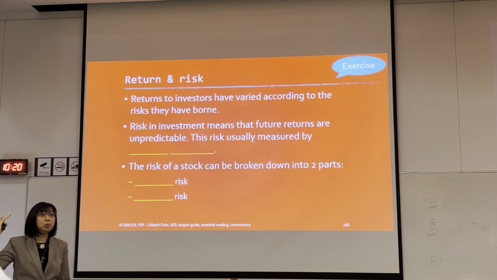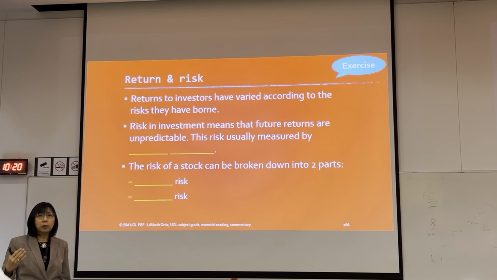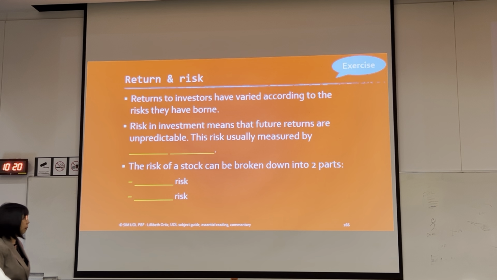Because investors need to be compensated for taking risk. And then the safer that investment will be, the lower the return. So when you look at treasuries, these government bonds, their return is quite low because, again, it's very safe. You're sure to get that amount.